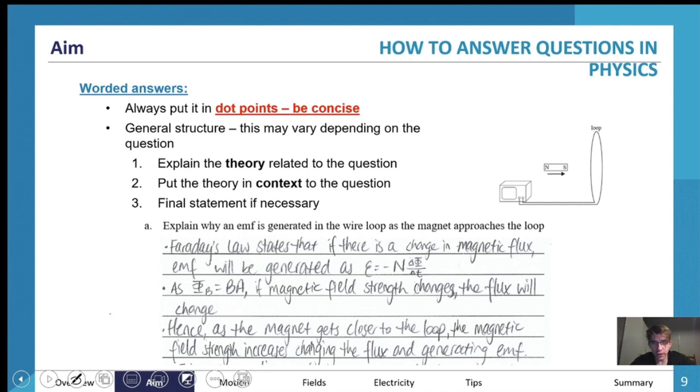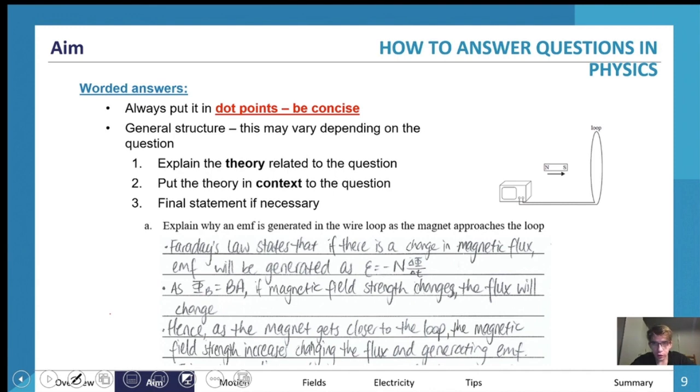And usually the negative sign there is indicative of Lenz's law. As flux is equal to A multiplied by B, so the area enclosed by the wire multiplied by the magnetic field strength.